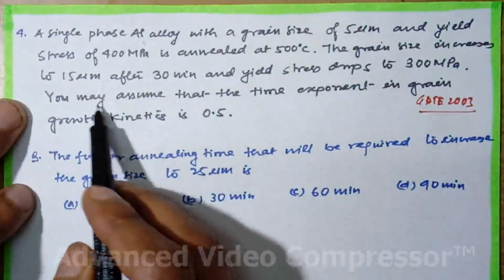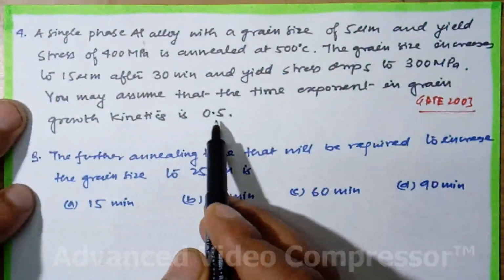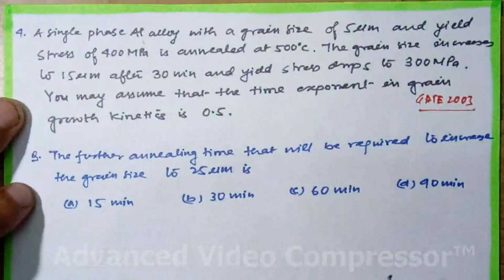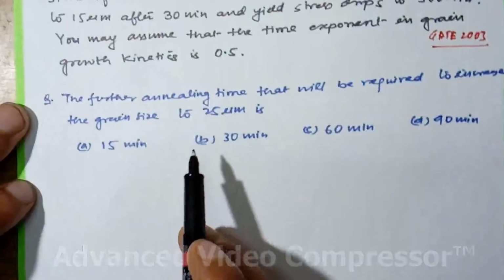You may assume that the time exponent in grain growth kinetics is 0.5. Okay, so the further annealing time to increase the grain size to 25 micrometer is.